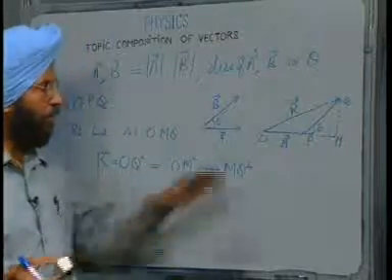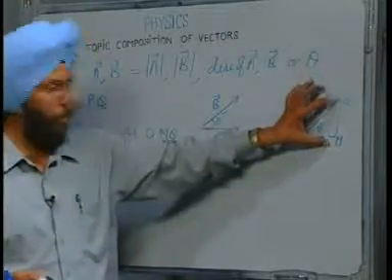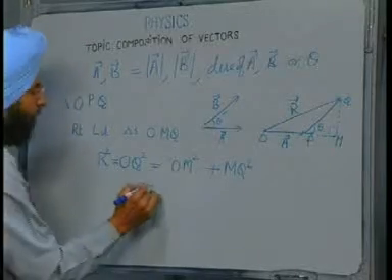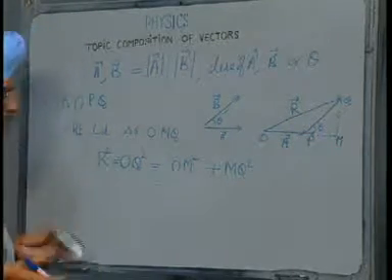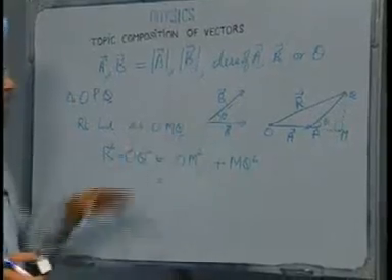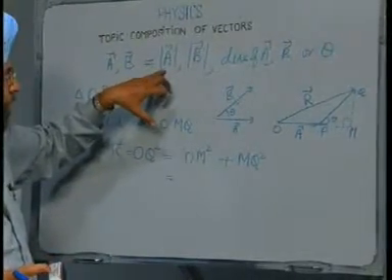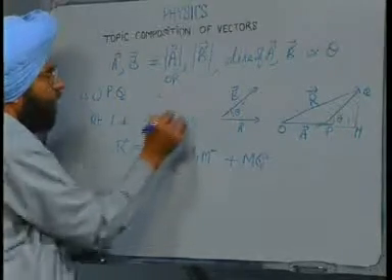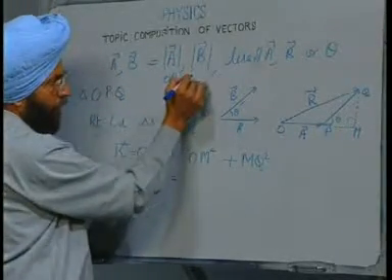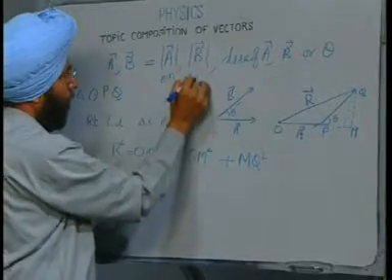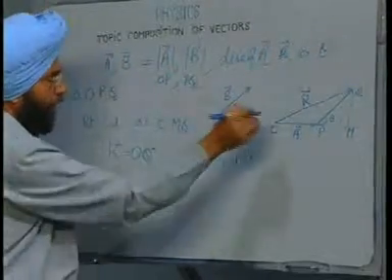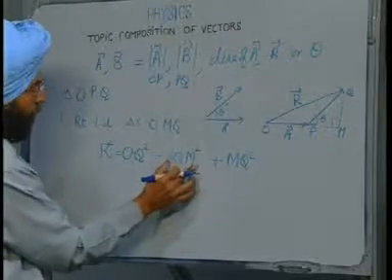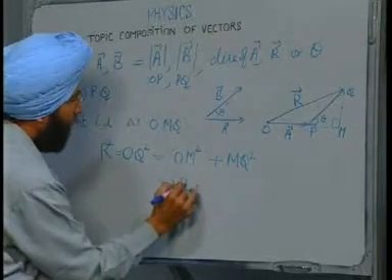Now, we do not know the length MQ, we do not know the length OM. So, what we do is we convert these lengths into the known things. Known things are the magnitude of A, that means we know OP, we know PQ and the angle theta. So, now we convert OM to the known thing. In OM, what is known?